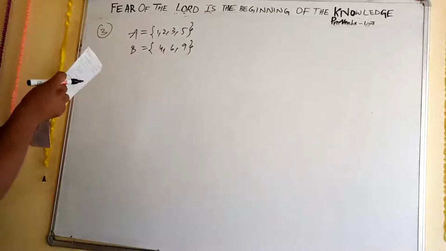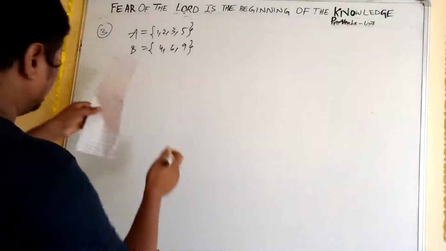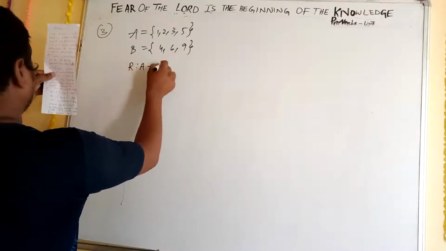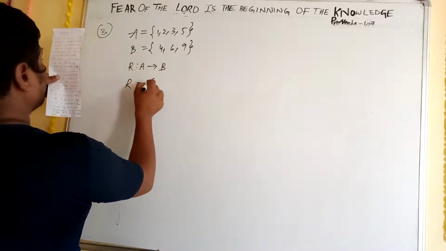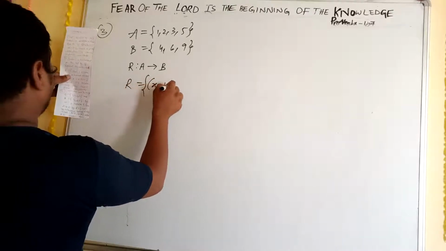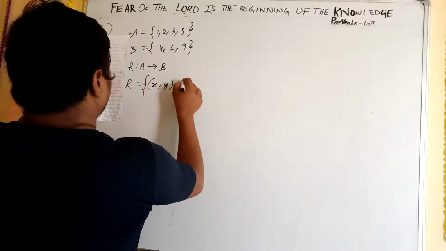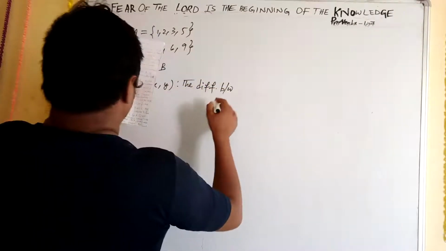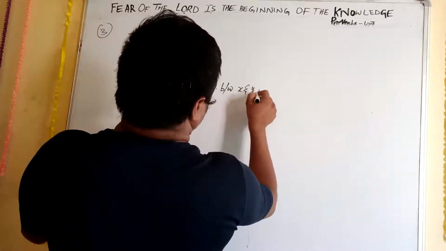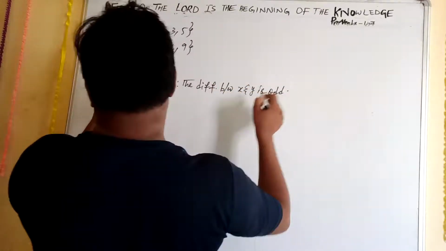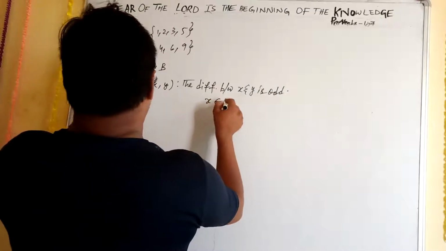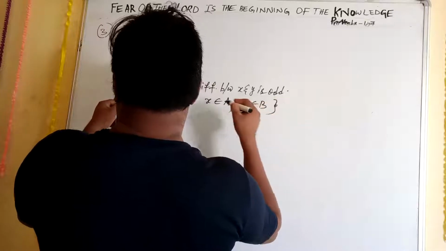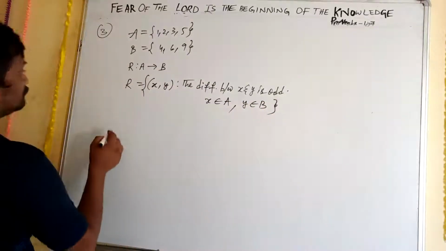Define a relation R from A to B. So R is from A to B. Then R is equal to {(x, y) such that the difference between x and y is odd, x belongs to A, y belongs to B}. Write R in roster form.